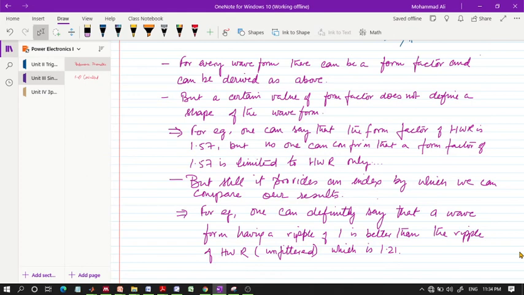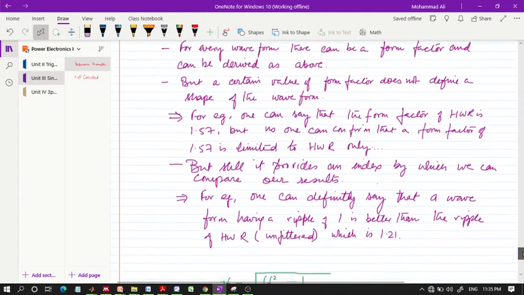So a form factor does not define a certain wave shape. Still it provides an index by which we can compare our results. For example, one can definitely say that a waveform having a ripple of 1 is better than the ripple of half wave rectifier, which is 1.21, as I said earlier.